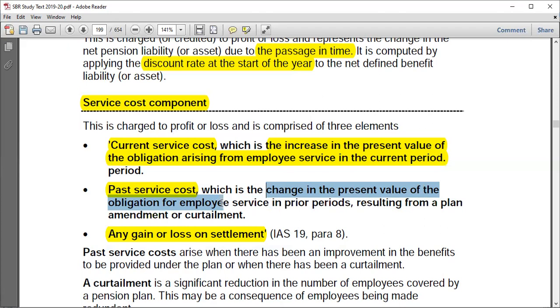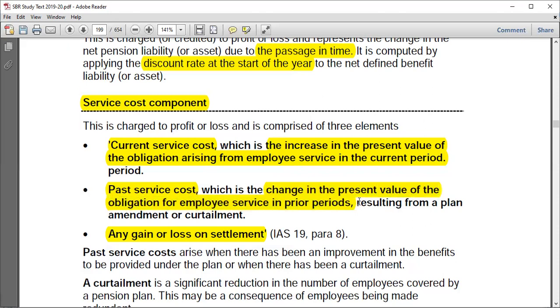If it is favorable to the entity, it will reduce the liability. But if it is unfavorable, it will then increase that liability. So just say it is a change in the present value of the obligation for employee service in prior periods. Why can that change? The periods are already passed. Should they be relevant?